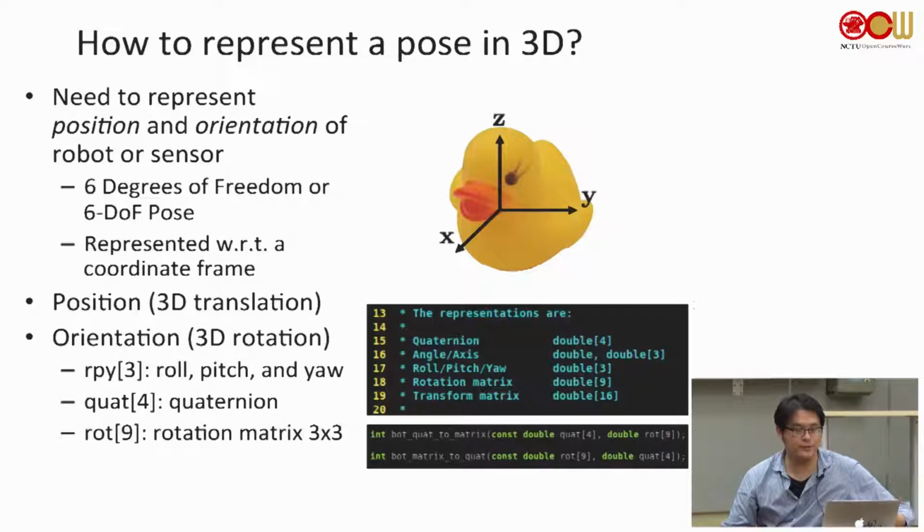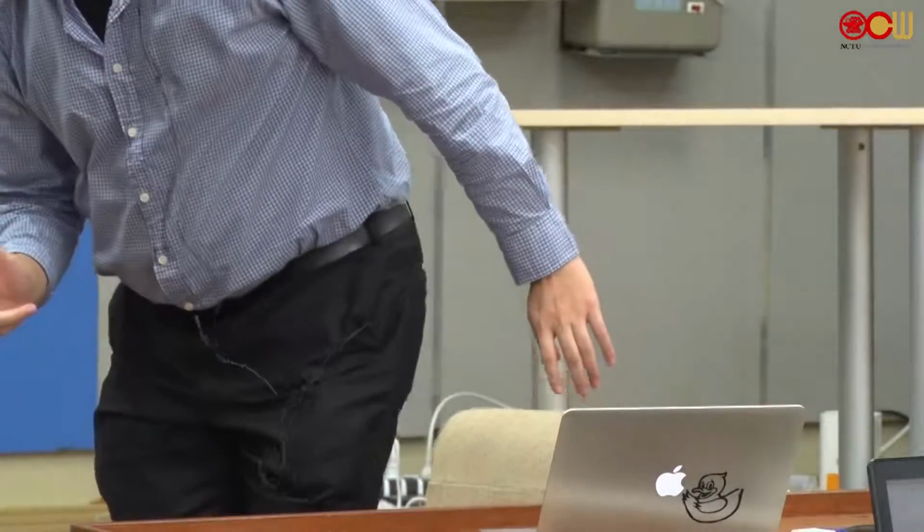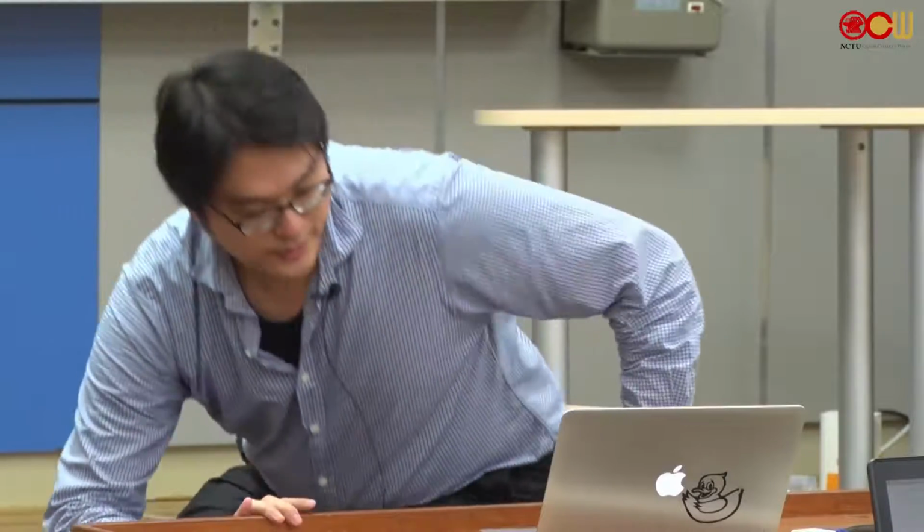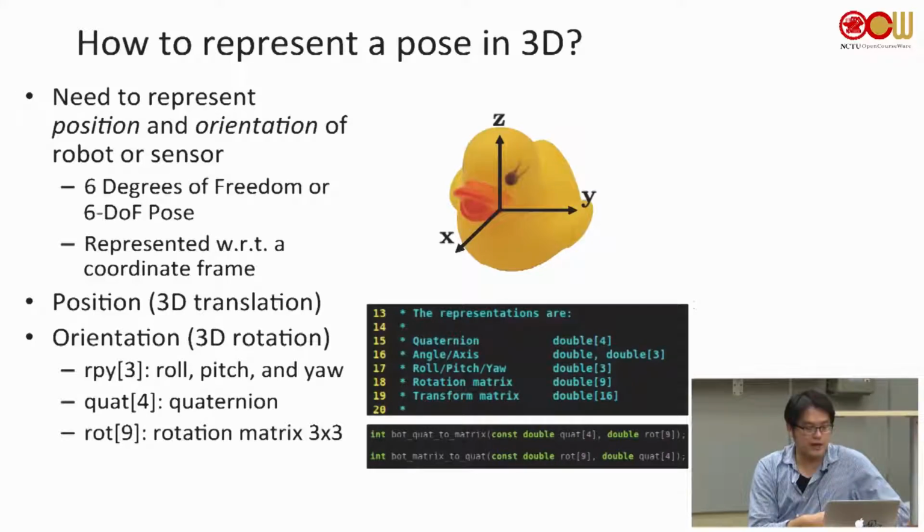If we simplify the problem to 2D, then in our position we will only have x and y, right? We won't be able to see the vertical, the z direction. In a 2D pose, the only thing you can see is the yaw. There are some other representations to show the same RPY, for example, the quaternion.